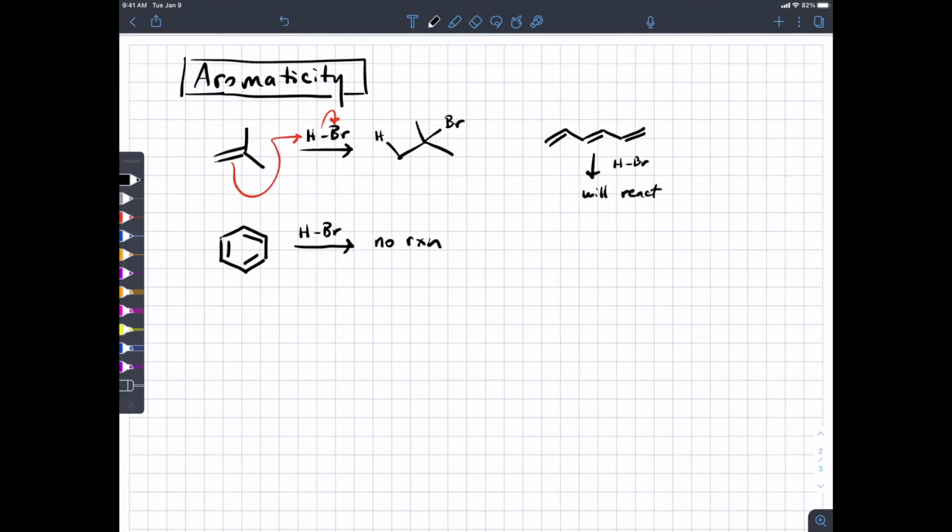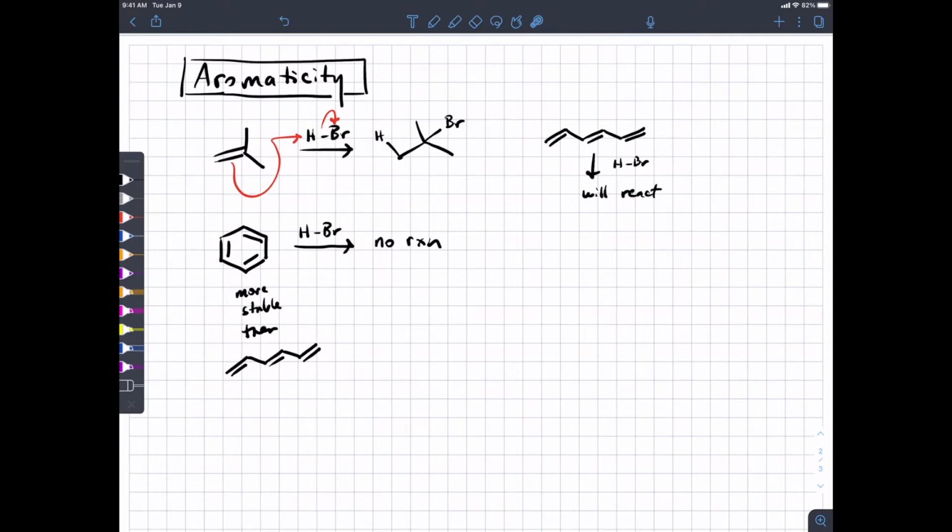In other words, benzene is more stable than the conjugated linear compound.